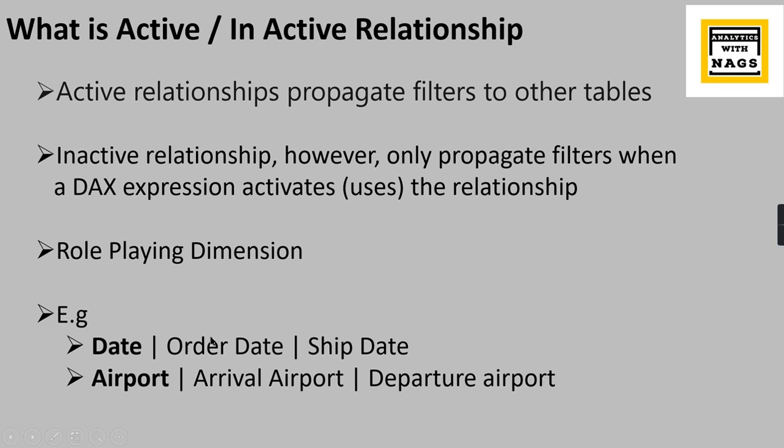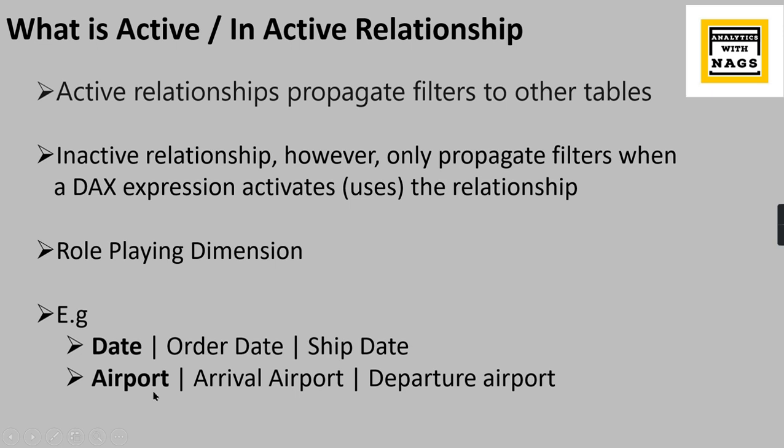For one you create an active relationship, and for the other, the ship date, you create an inactive relationship. The inactive relationship only propagates filters when a DAX expression activates it. So once you define the inactive relationship, you can enable it using a DAX expression. That is what the active and inactive relationship is all about.